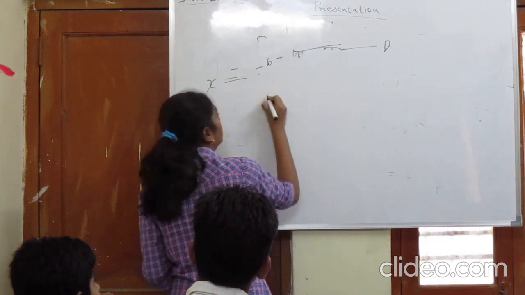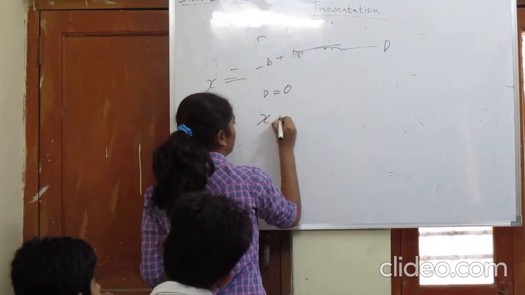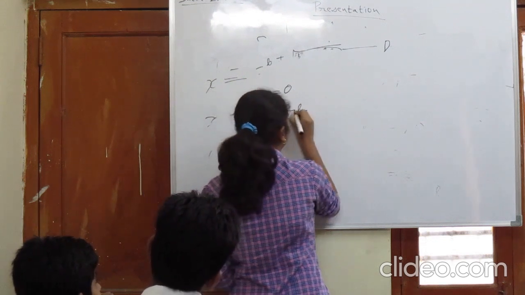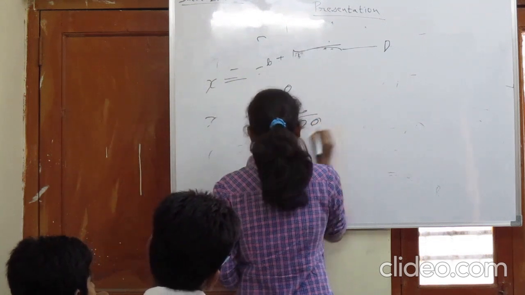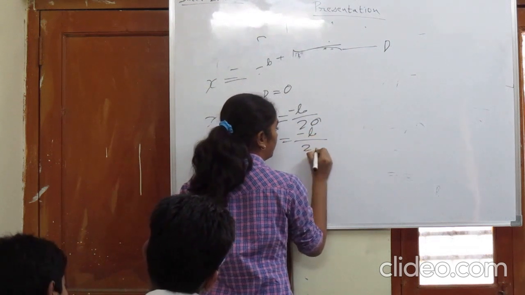As I said, when b equals to 0, then x equals to minus b by 2a, and x equals to minus b by 2a.